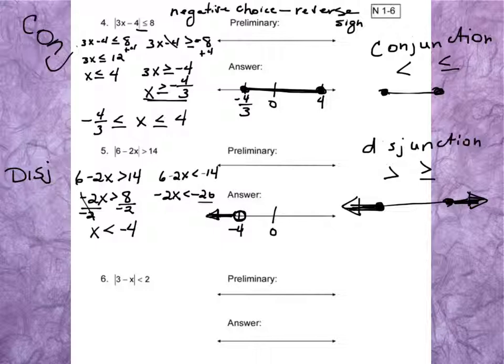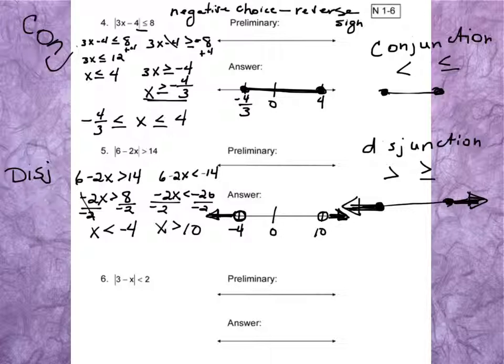When I divide by negative 2, x is greater than 10. We have to turn the sign around. So we have a mark here at 10, open circle, and it's going to shade greater than.